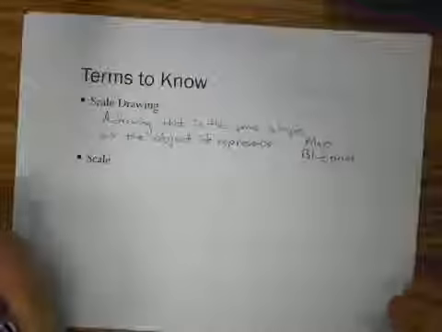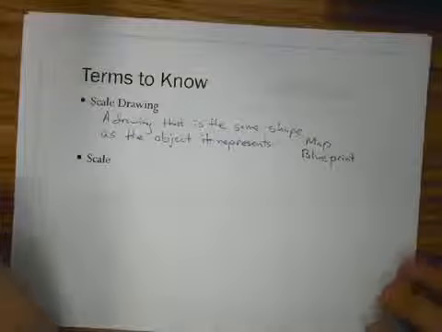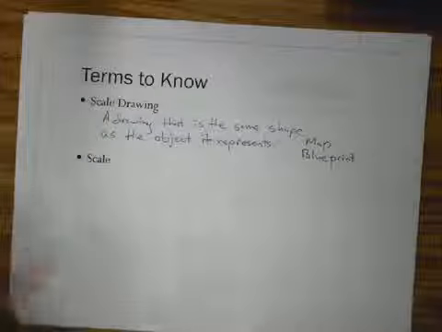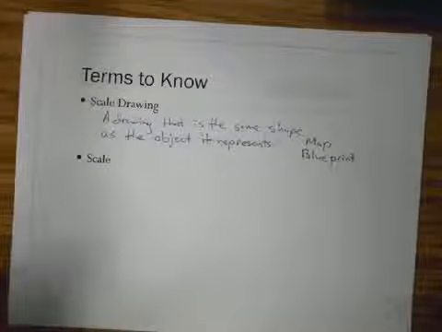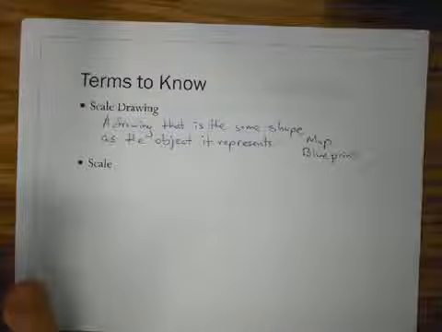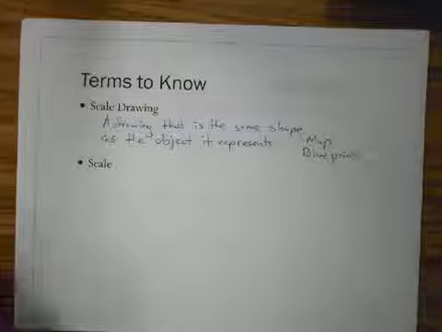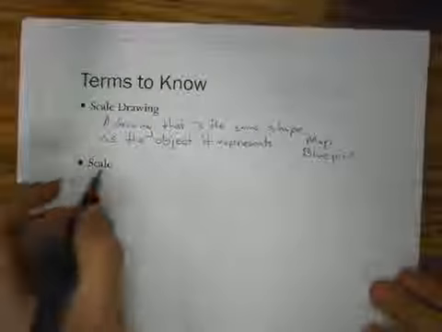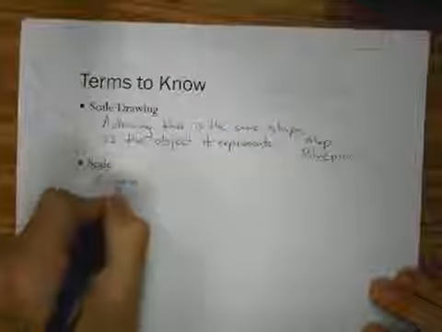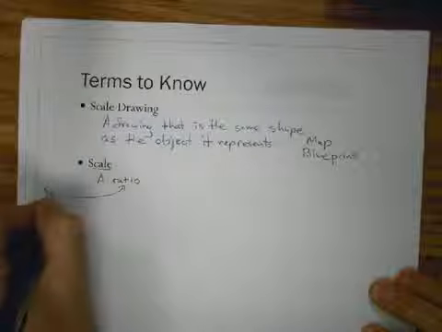Now, examples of a scale drawing: a map, a blueprint. Those would be something that's going to be the same shape. It's a smaller form of what the object is. If we look at a blueprint of a building, we're not going to take the whole building and carry that design around with us. We want a smaller form that actually works. So the blueprint would work for us.